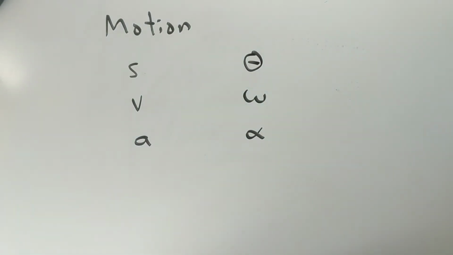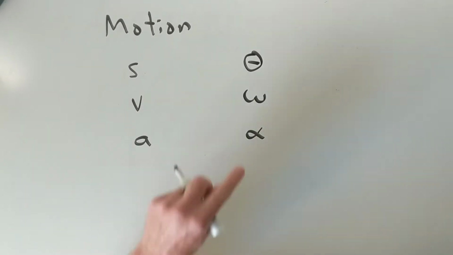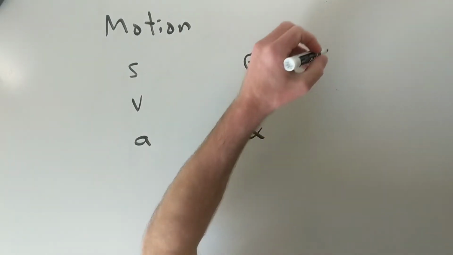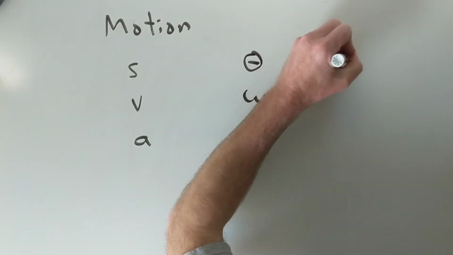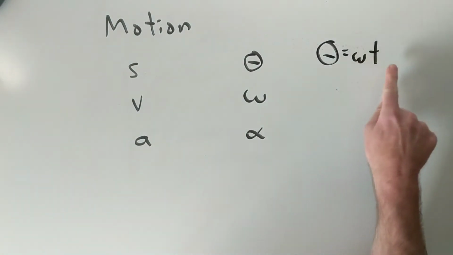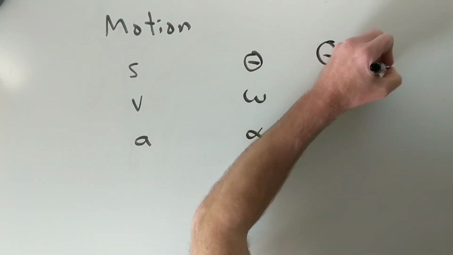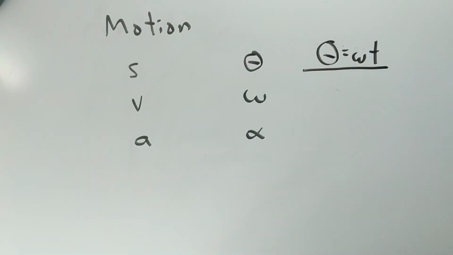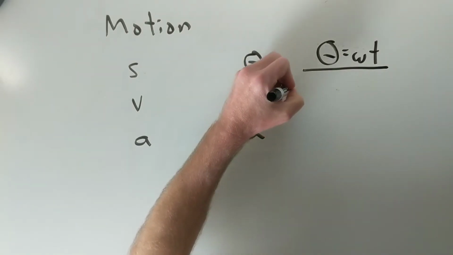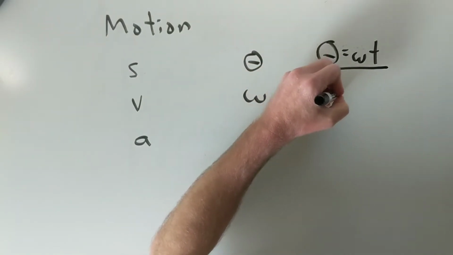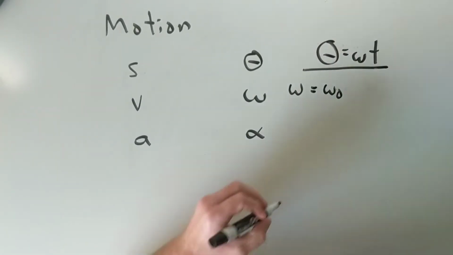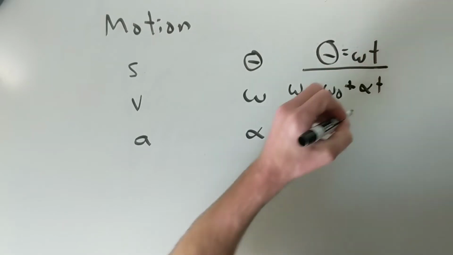Now if things move in such a way that there is a constant angular velocity, just like there'd be a constant regular velocity, then theta is omega times time, because this is something that moves at constant velocity. If we see that something moves at constant angular acceleration, then we would have a mirror of all of the equations that we had before with linear motion.